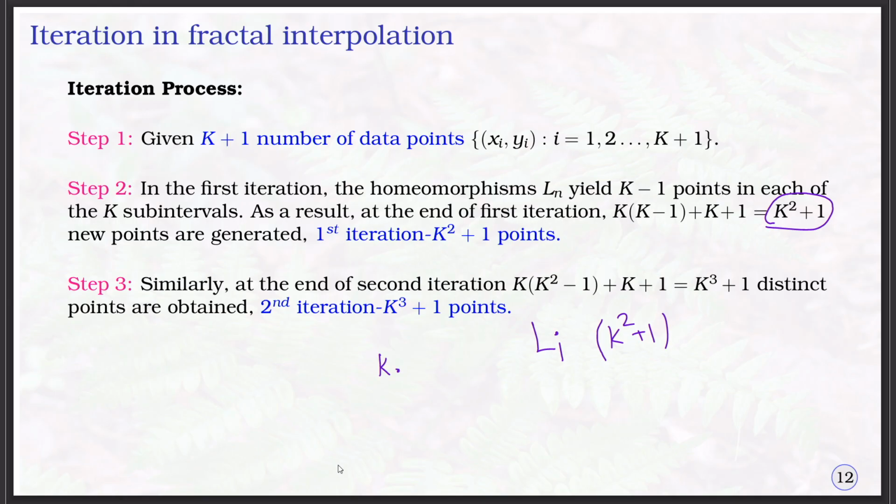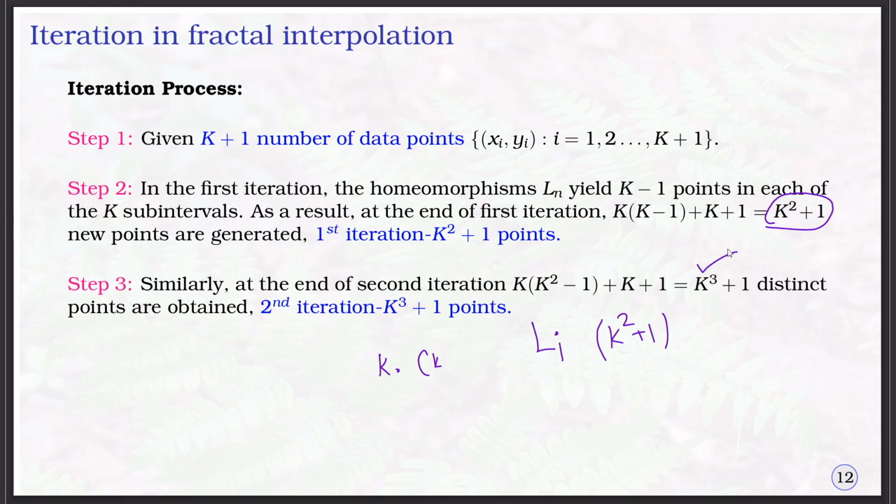There are k square subintervals in which the mapping will act, therefore k times k square minus 1 plus k plus 1.